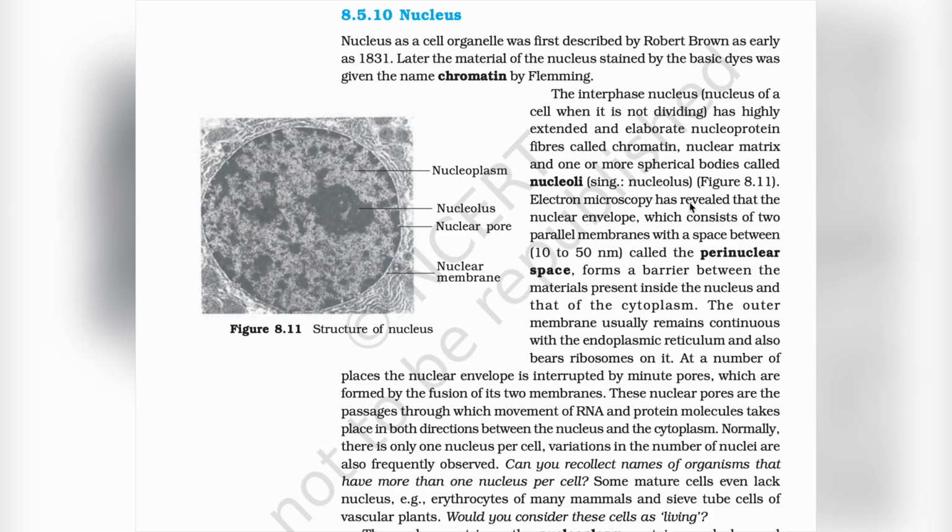Electron microscopy has revealed that the nuclear envelope, which consists of 2 parallel membranes with a space between them, 10 to 50 nanometers of space, called the perinuclear space, forms a barrier between the material present inside the nucleus and that of the cytoplasm. The outer membrane usually remains continuous with the endoplasmic reticulum and also bears ribosomes on it.